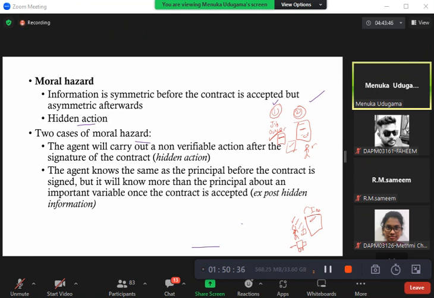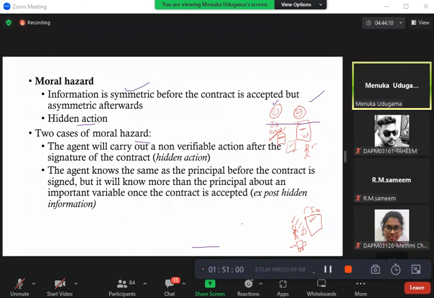Now, at the time of entering into the contract, or when you have the interview, you have symmetric information, because of the diploma certificate. The interviewer and you have the same level of information, because the interviewer can verify your qualification.